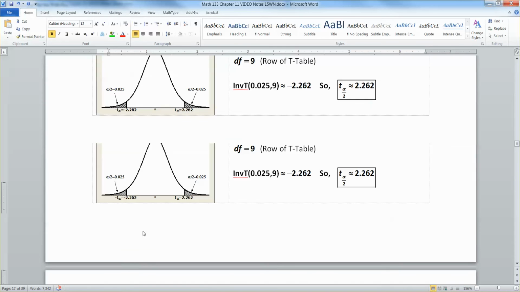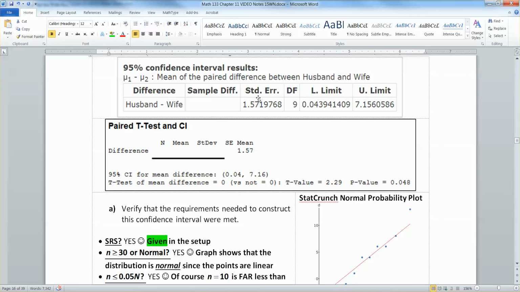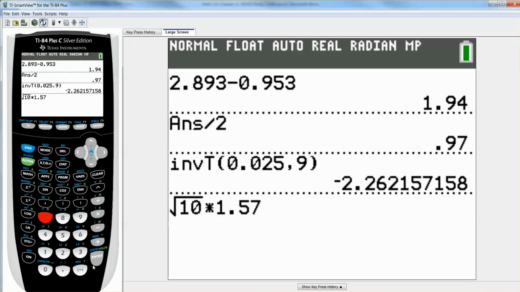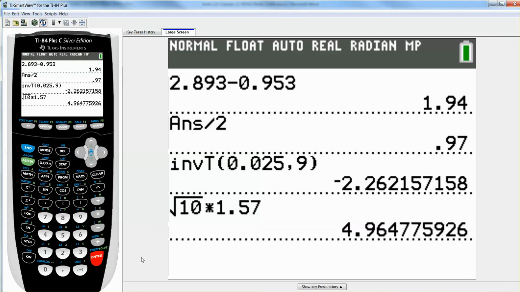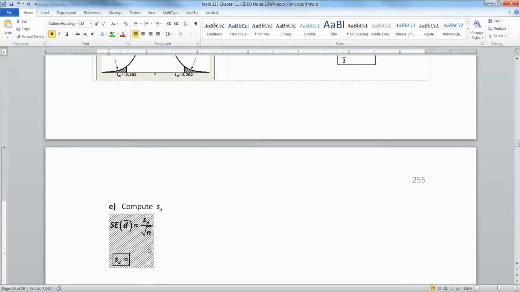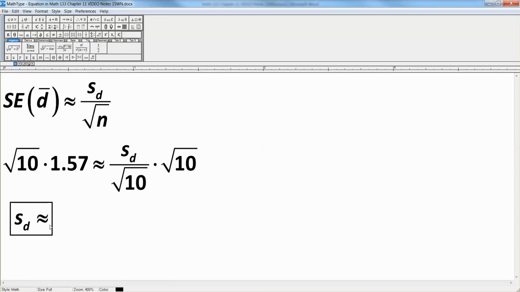Yep, 1.57. That's what it says right here in StatCrunch and right here in Minitab. So I'll use the 1.57, enter, and I get about 4.965. So there we have it. S is about 4.965. We have now computed the standard deviation.